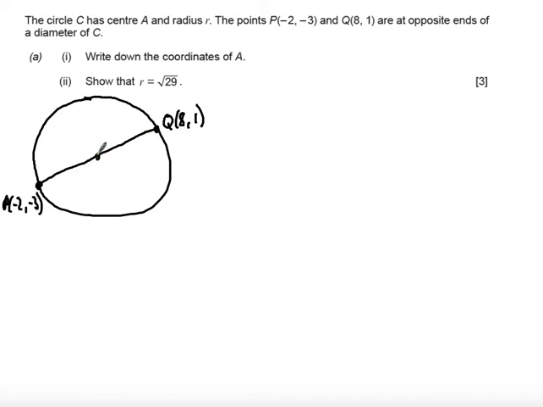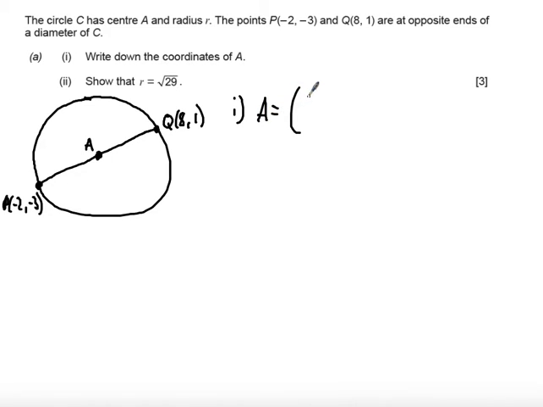I know that the centre, point A, is in the middle. Now to find the centre, point A, we know that the midpoint of the diameter is the centre of the circle. So for part I, we're just going to find the midpoint.